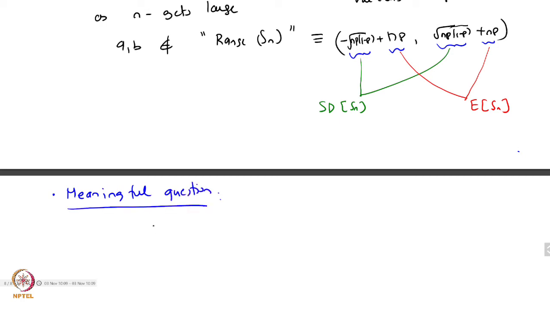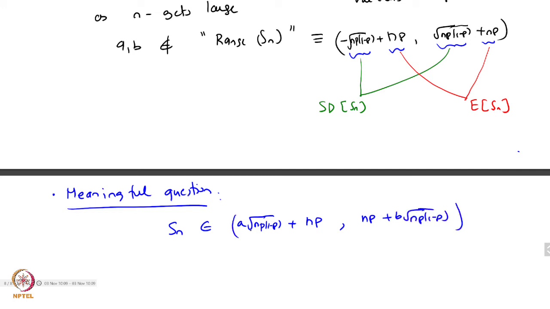Look at how Sn is in the interval around np. So you look at np, and then you look at, let's say, np plus A times the square root of np times (1 minus p), and np plus B times the square root of np(1 minus p).